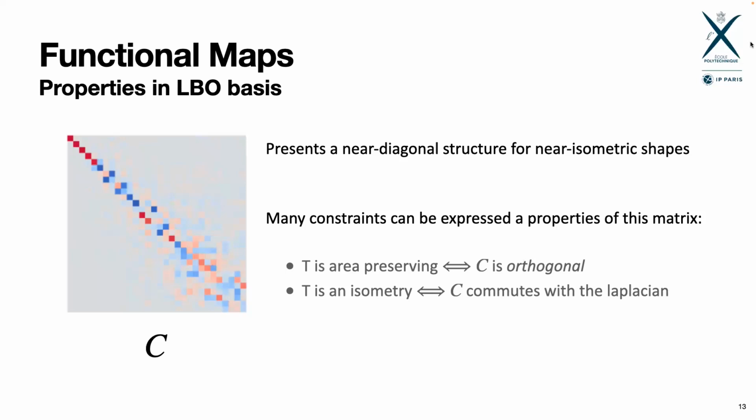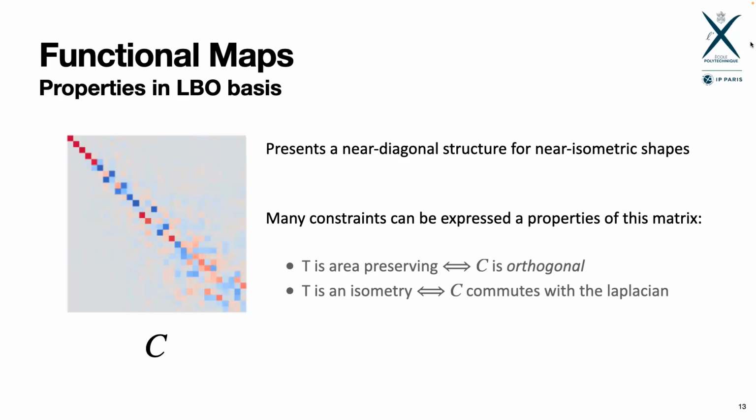And this basis is made so that the inner product between two functions defined on the whole shape can be seen as just the standard inner product between the coefficients. The general inner product on the surface between two functions has weights depending on the vertex areas and so on.